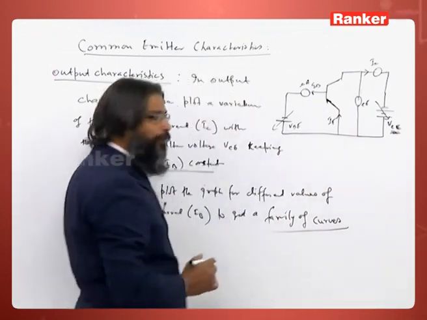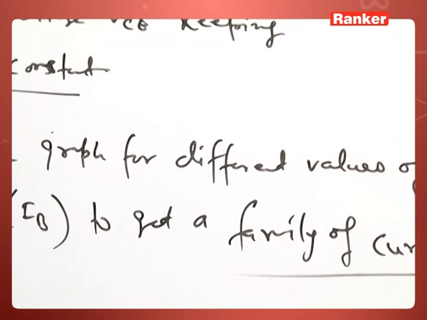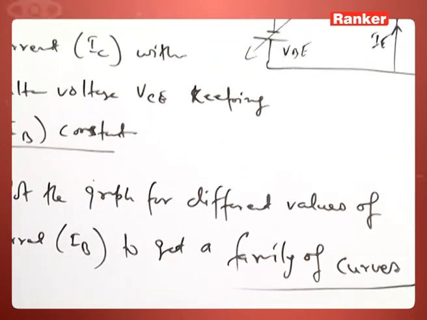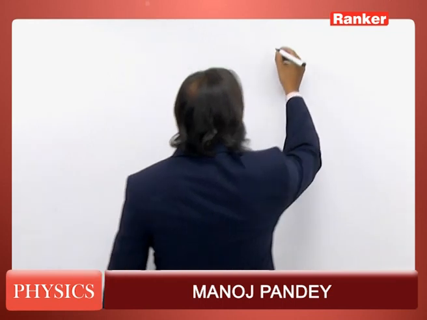So, this is what we do in the output characteristics. Let us plot the curve and see it. Now let us draw the output characteristics here.